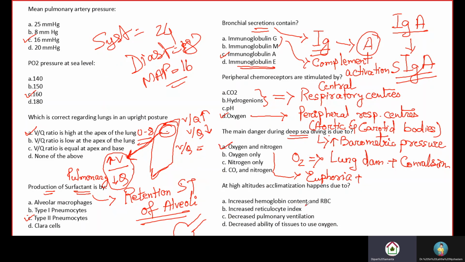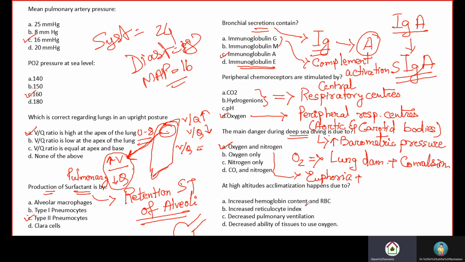At high altitude, acclimatization happens due to increased hemoglobin content and RBC, increased reticulocyte index, decreased pulmonary ventilation, or decreased ability of tissues to use oxygen. So the answer will be increased hemoglobin content and RBC. So acclimatization, what is that?